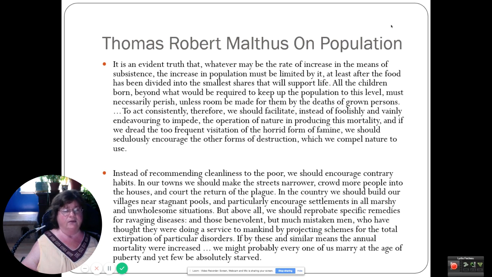To act consistently, therefore, we should facilitate, instead of foolishly and vainly endeavoring to impede, the operations of nature in producing this mortality. If we dread the too frequent visitation of the horrid form of famine, we should sedulously encourage other forms of destruction, which we will compel nature to use.